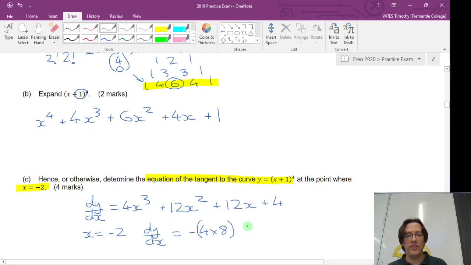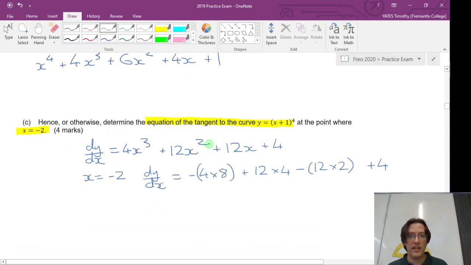This is going to be a positive, so it's going to be 12 times 4. This one's going to be a negative, minus 12 times 2, plus 4. Make sure my face isn't over that. So that's going to be -32 plus 48, take 24 plus 4.